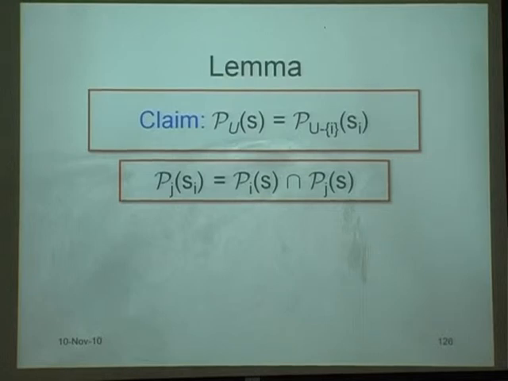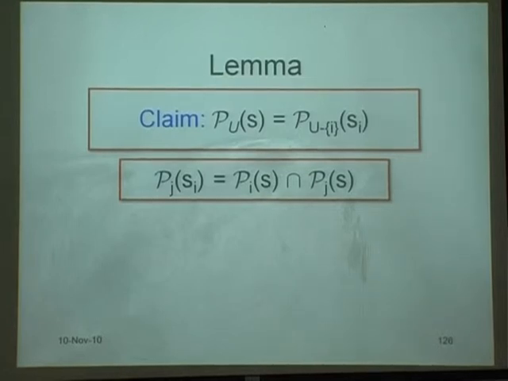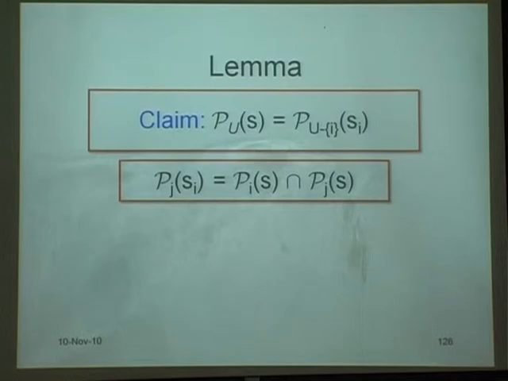But why can you assume the next step is not also I? Oh, because the definition of P sub u is the intersection of all the P sub k's, where k is an element of u. So I'm not looking at what happens if I let I take another step. All I'm doing is saying I have this set u, and all I care about is the intersection of what can happen when only those are allowed to take the next step.